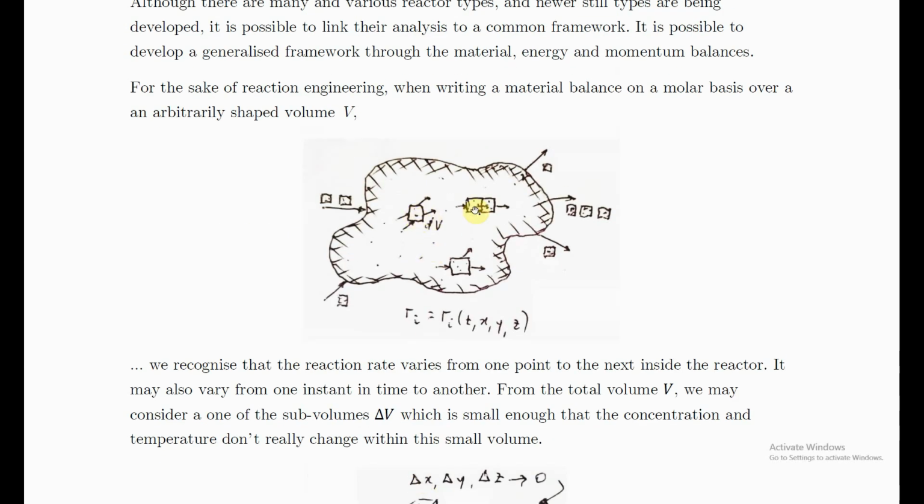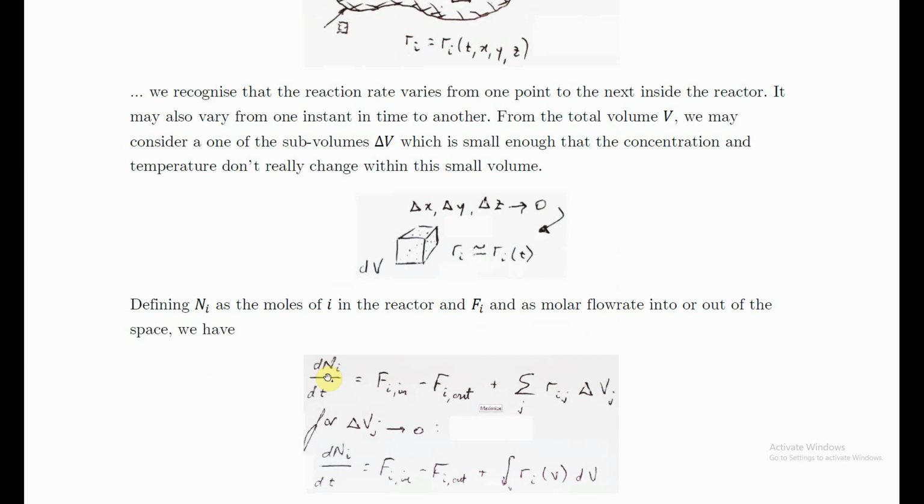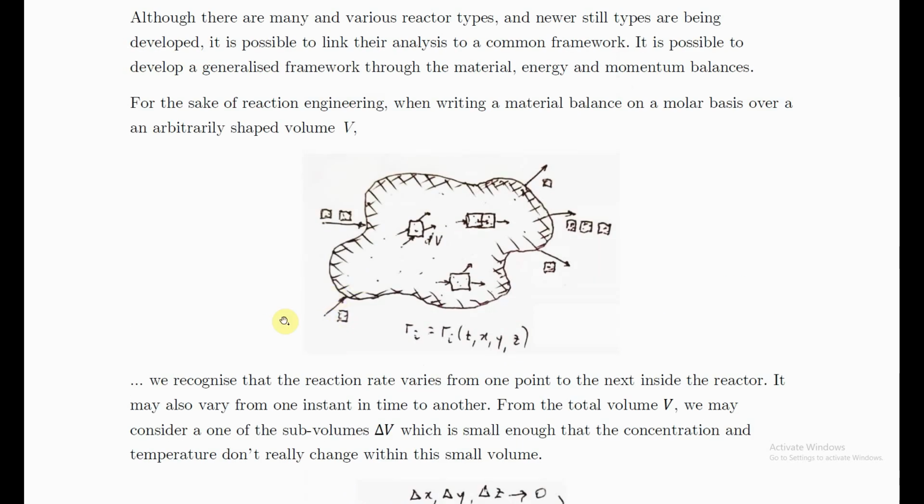So we're not talking about subvolumes now, we are talking about the entire reactor space. We know it's varying from point to point, but there does exist a certain total number of moles inside this entire reactor, and we define that number to be n sub I. Right, so that's the total number, and that total number is changing over time because, number one, we keep feeding more of component I in here, and we keep withdrawing more of component I out here.